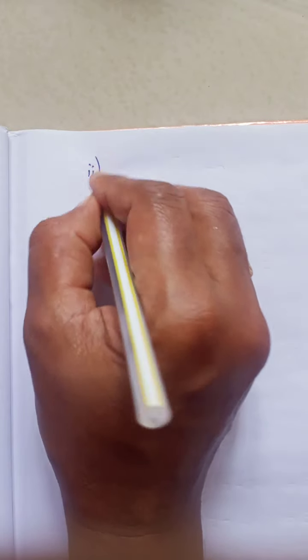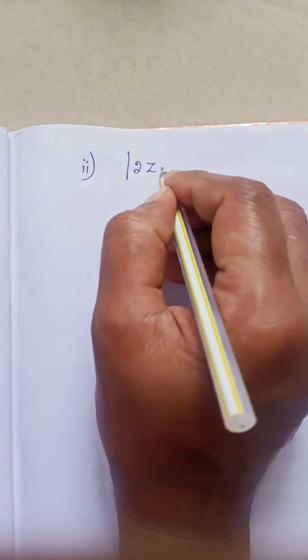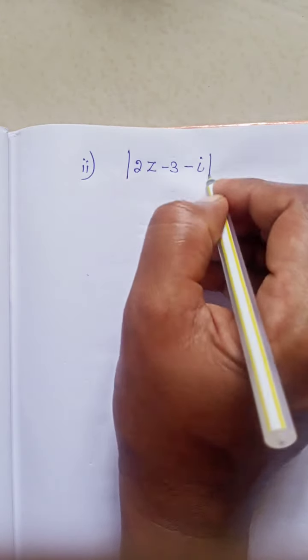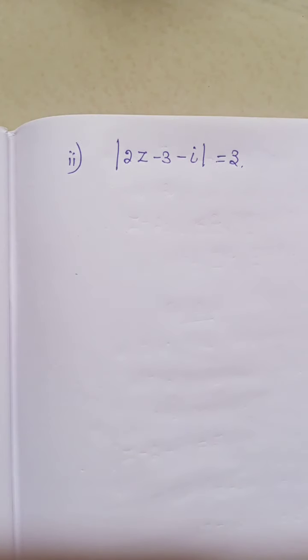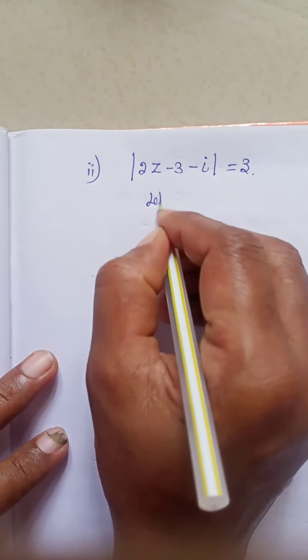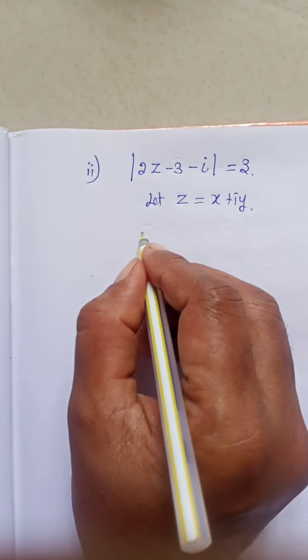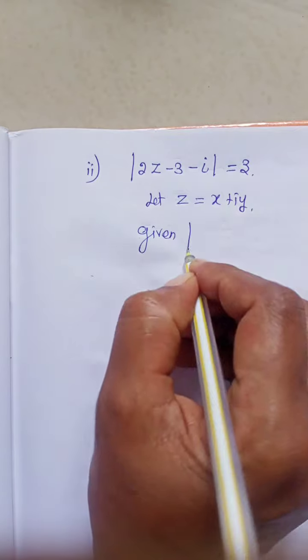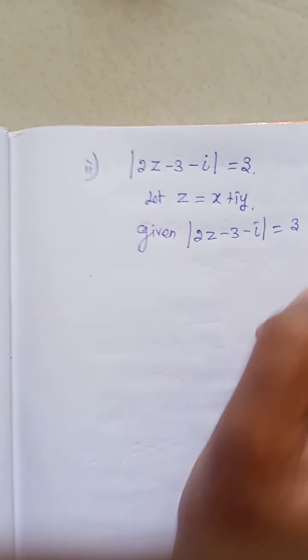See, subdivision 2, the given condition is modulus 2z minus 3 minus i is equal to 3. Here also we can take let z is equal to x plus iy. So, given modulus 2z minus 3 minus i equal to 3.